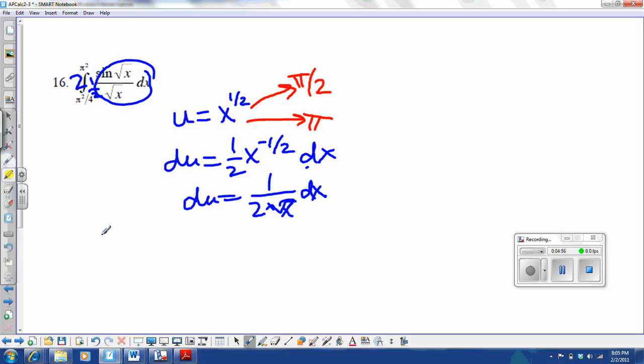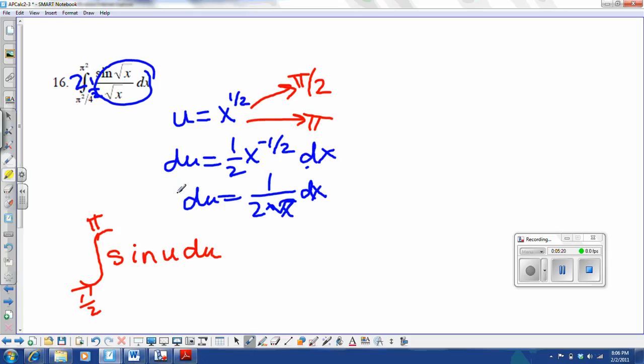So I have the integral from pi over 2 to pi. And my new function in here is going to be the sine of u times du.